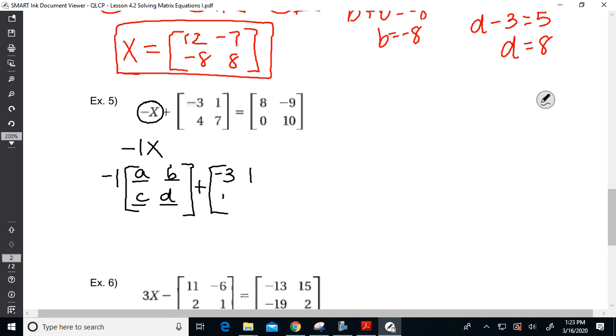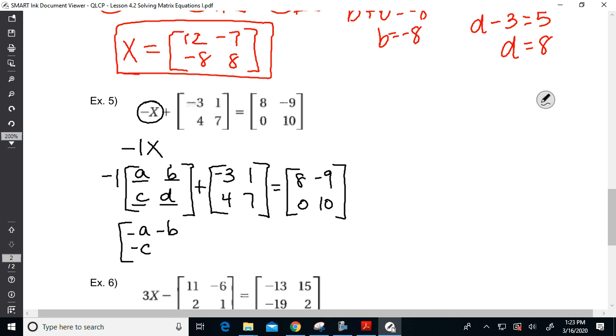So again, there are small, subtle things that you have to keep in mind. And so since we have a scalar being multiplied times a matrix, we're going to multiply everything times that negative 1. So that gives you negative a, negative b, negative c, negative d. If you want to put 1s in front of them, that's fine. That's your prerogative.